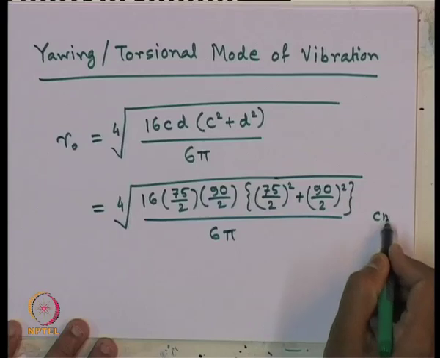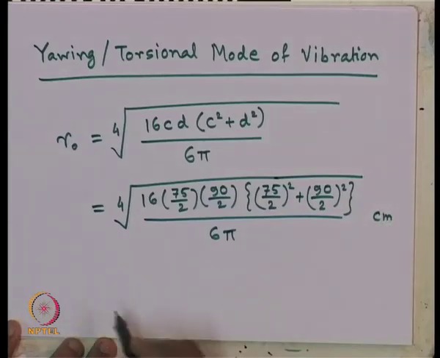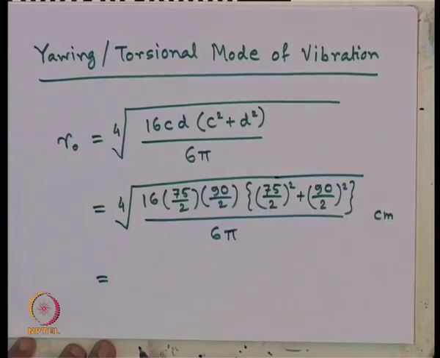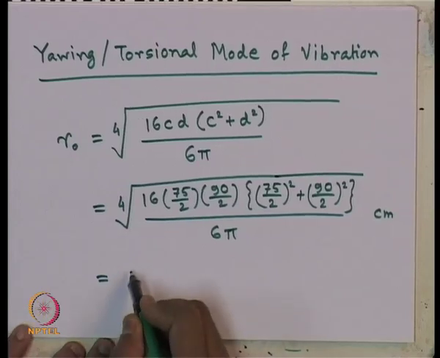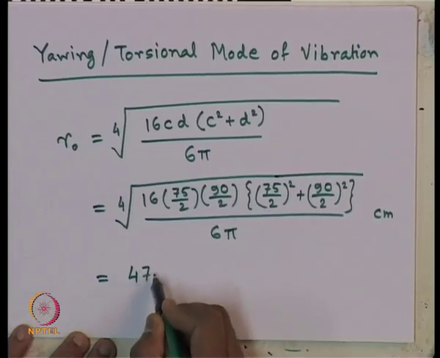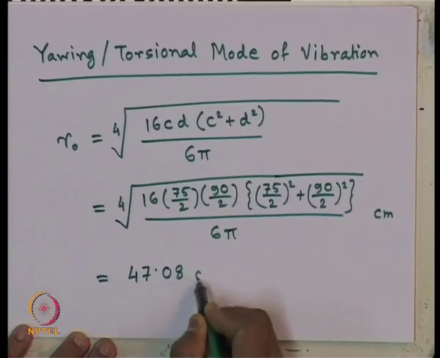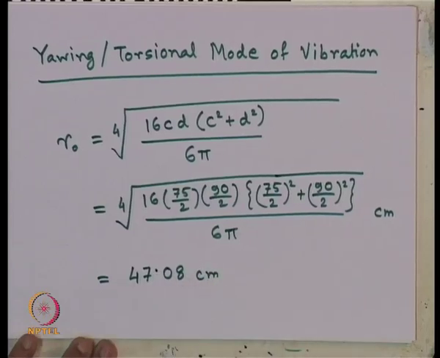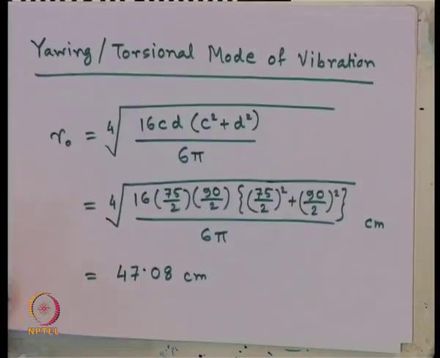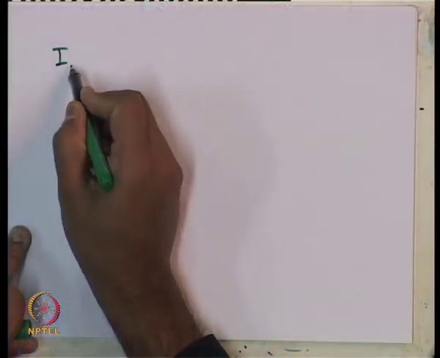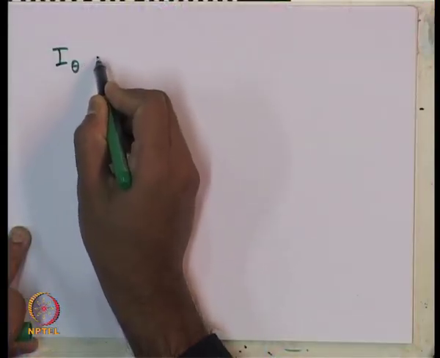So much of centimeter. How much it is coming? 47.08 centimeter. Okay. So, next step is to calculate the value for I theta.